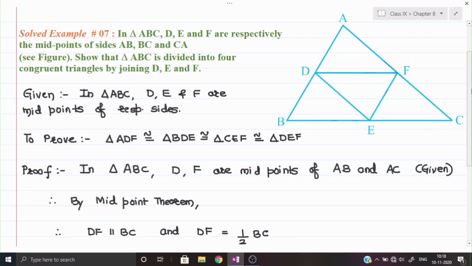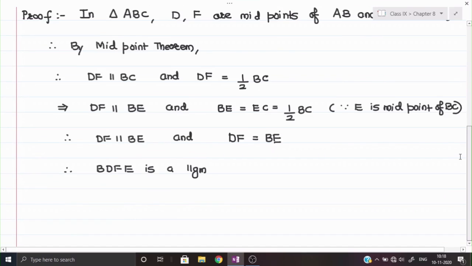So which two triangles did we get here? Triangle BDE and triangle DFE. So here we can say that therefore triangle BDE is congruent to triangle DFE. How can we say?